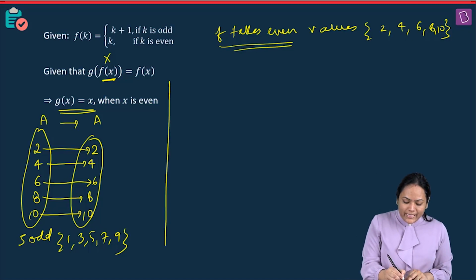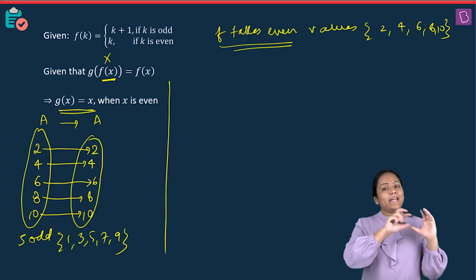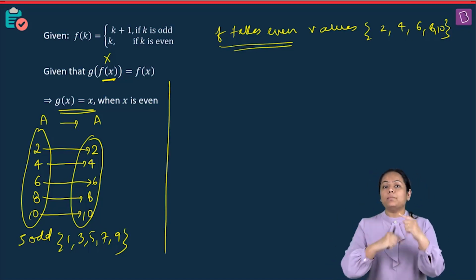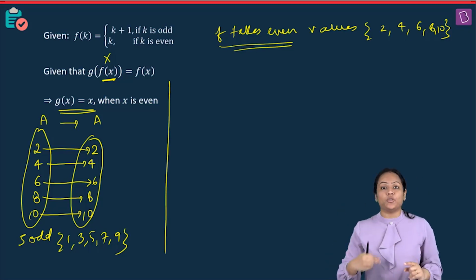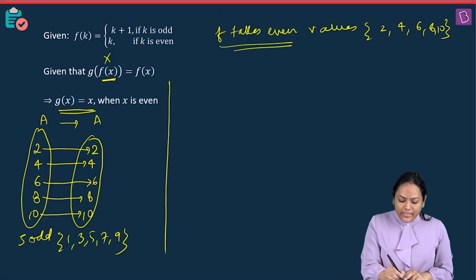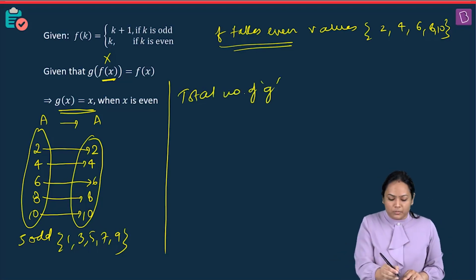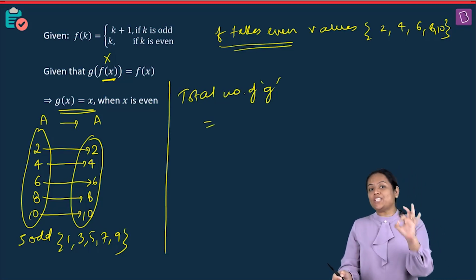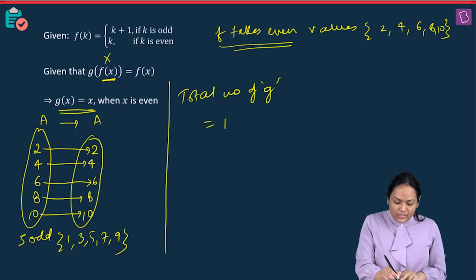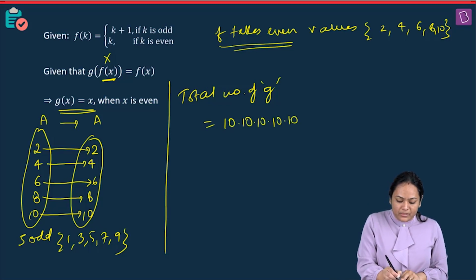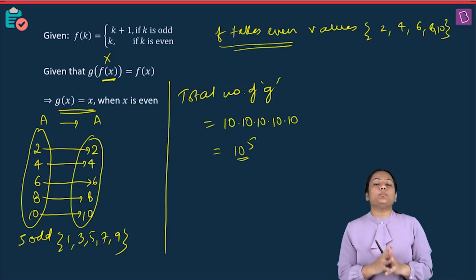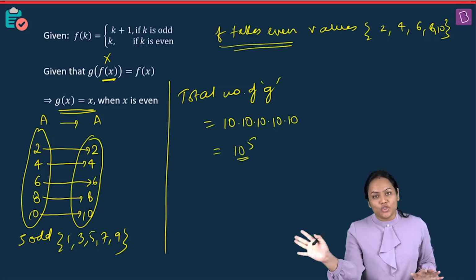So since my even numbers are fixed, each odd number has 10 options to be mapped with. So the total number of possible g functions will be 10 multiplied by 10 multiplied by 10 till 5 times. That is going to give me 10 raised to 5. These are the total possibilities of defining the function g.